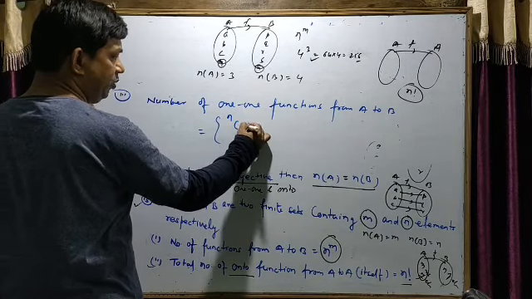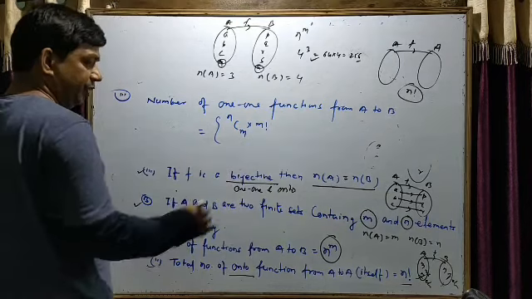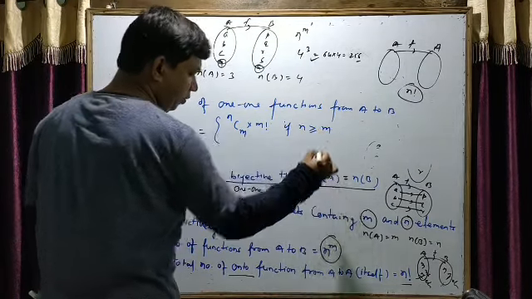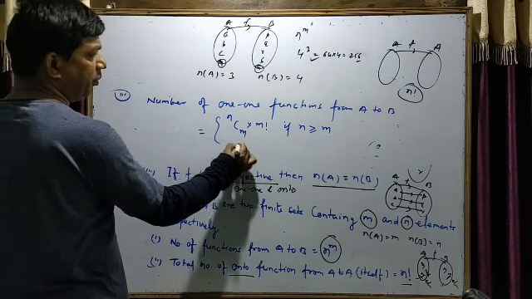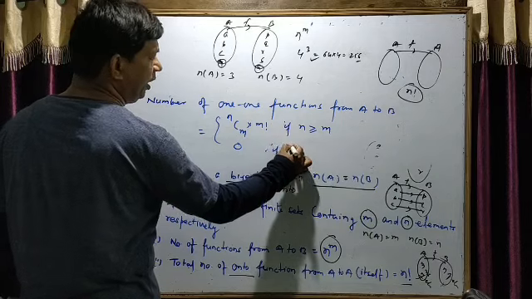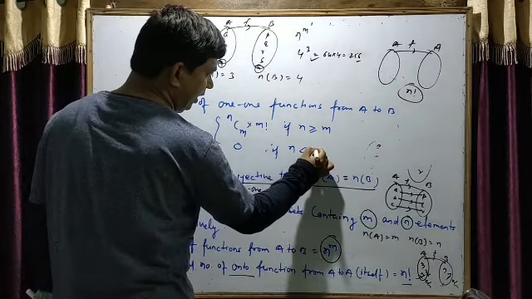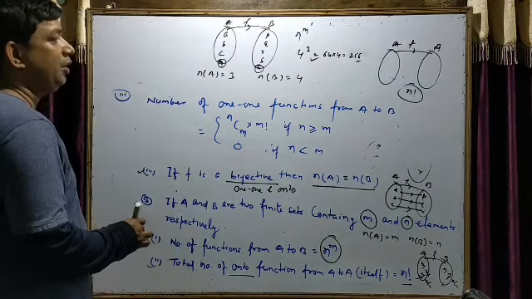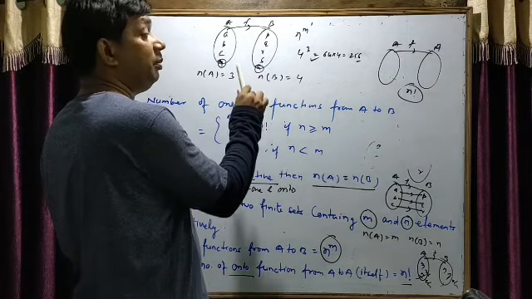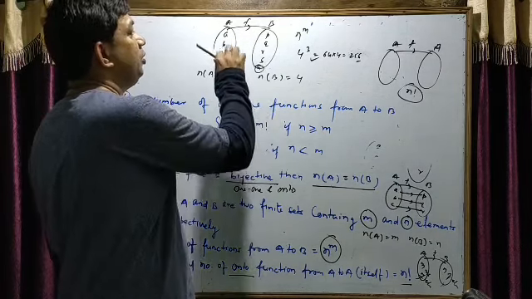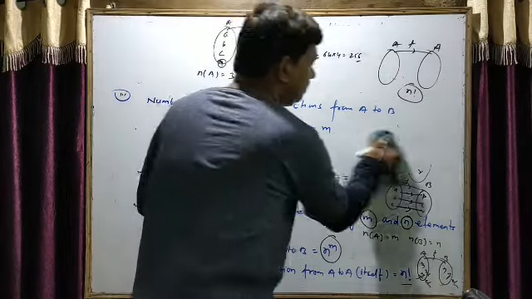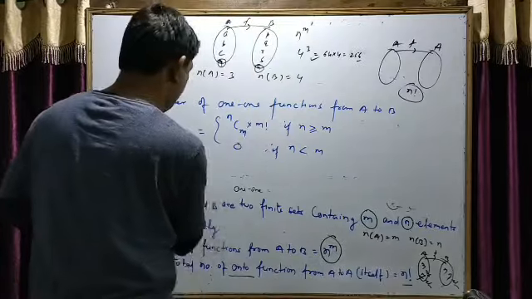It is nCm into m factorial if n is greater than or equal to m, and the number of one-one functions is 0 if n is less than m. Why? Because one-one means every element of the first set has a distinct image, meaning two distinct elements have two distinct images, then it is one-one.